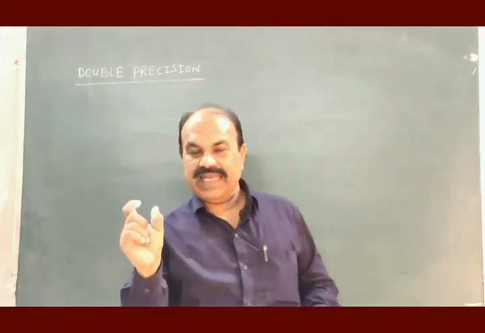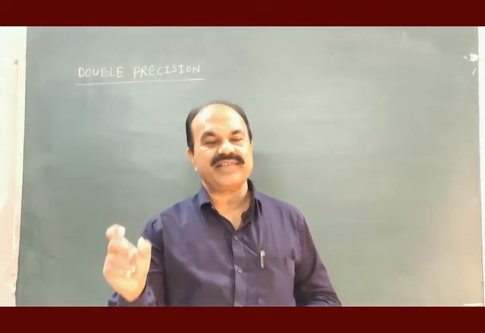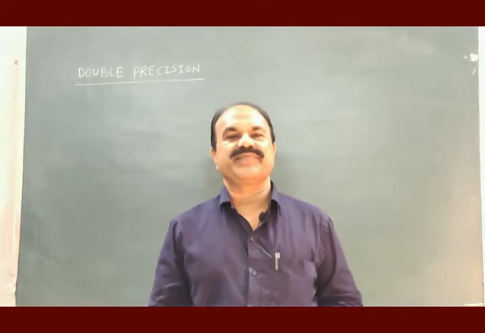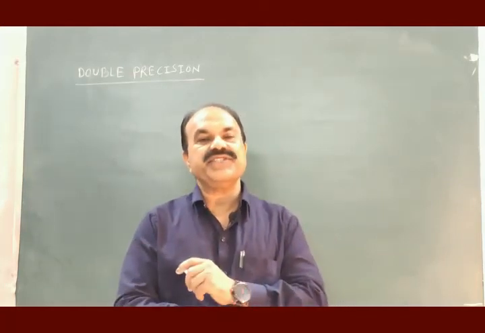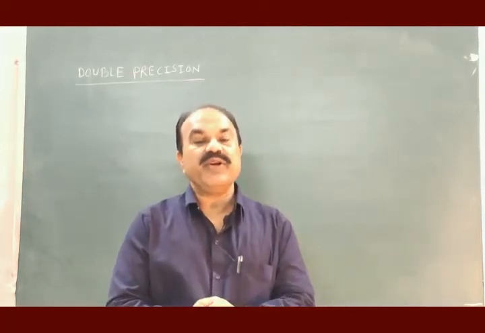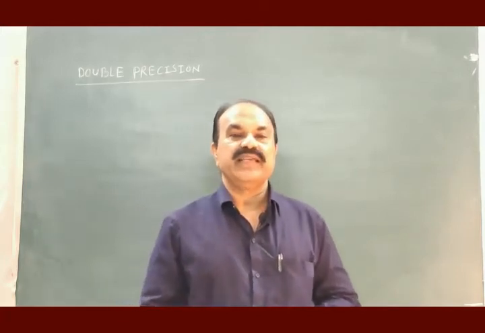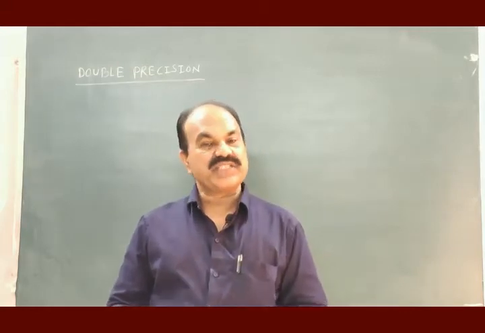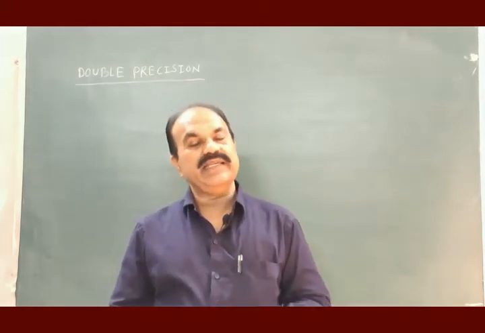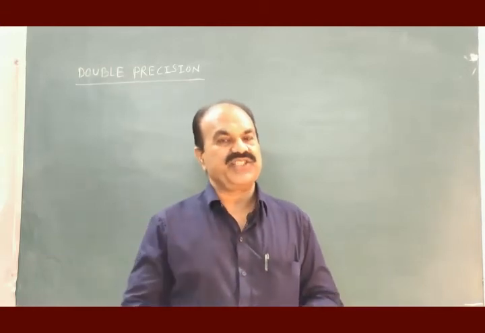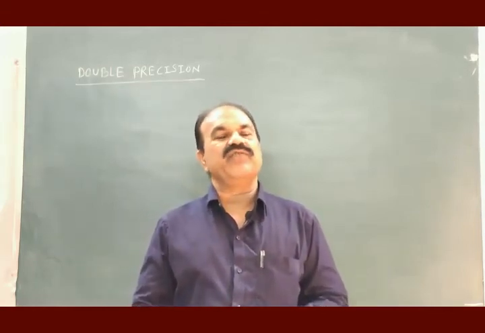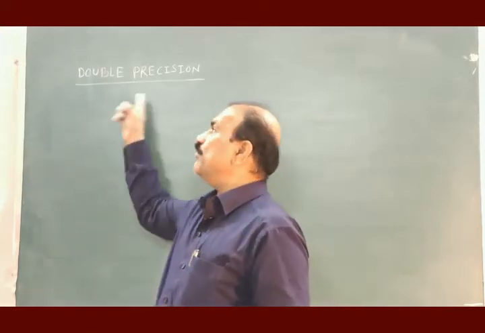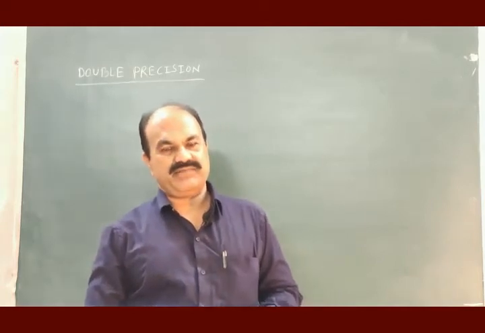Therefore, the length of the integer constant or the length of the real constants allowed by any system may not be sufficient for the scientific data. When it is not sufficient, we have to go for double precision.